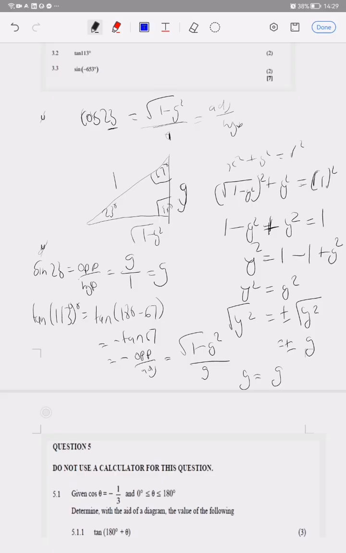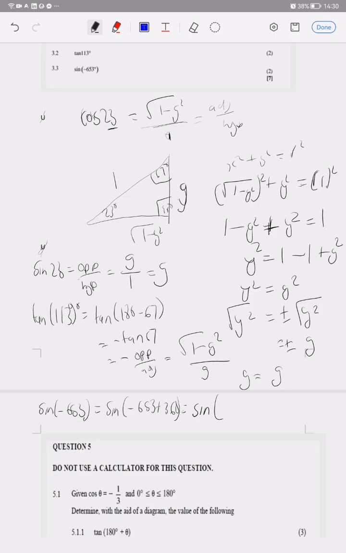Then the last one, oh, this one is tricky, but not that bad. Let's see. So we are having a sine of negative 653, right? When you're having a negative angle, just add 360. So it's sine of negative 653 plus 360.